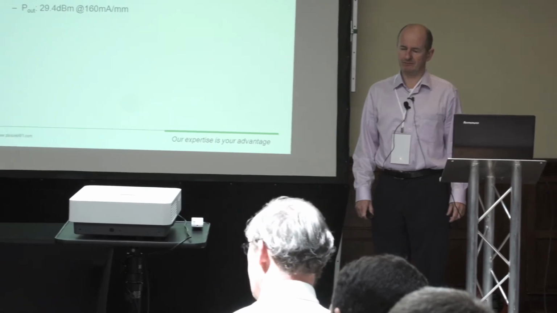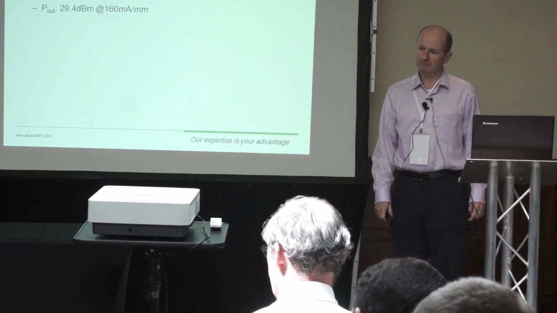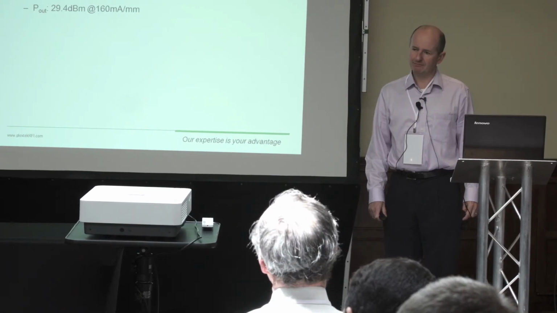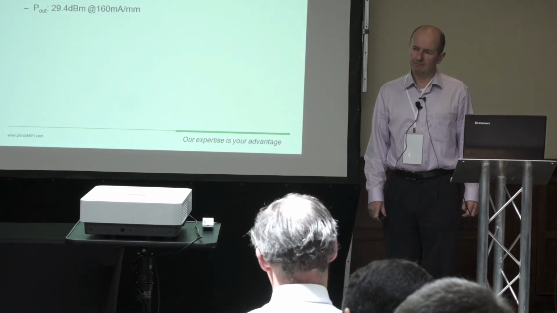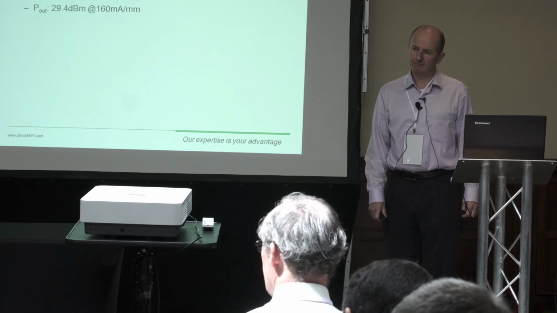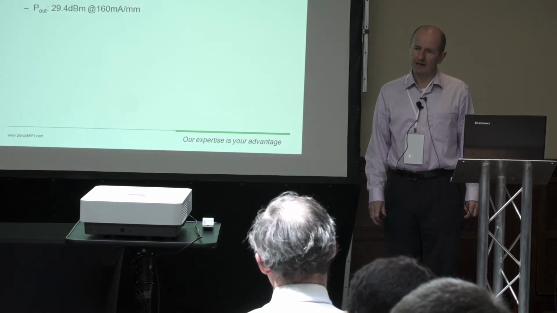Okay, thank you. Well, it's tantalising in your presentation that you seem to be suggesting that for the same power capability, IP3, the gallium nitride actually has better linearity, if I understand you correctly.